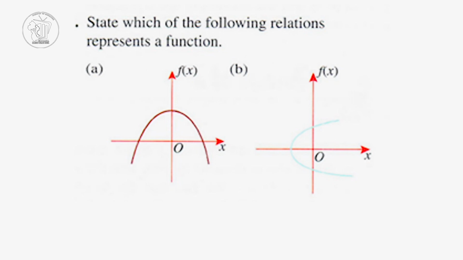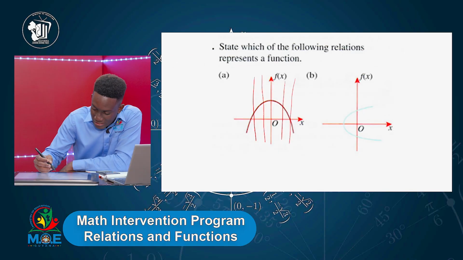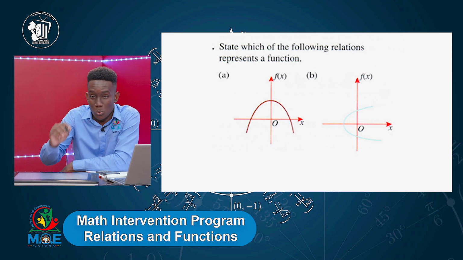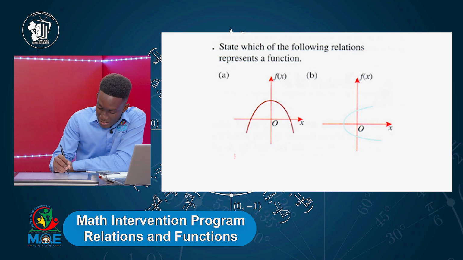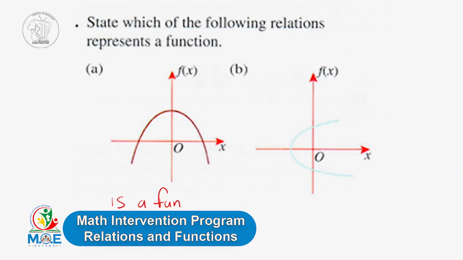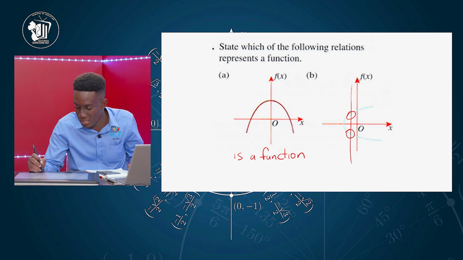So we have A and we have B. For A, if we do the vertical line test, we can see that the vertical lines will only pass through one and only one point on this graph. So for A, it is a function. And for B, if we do the vertical line test, we can see that it will pass through more than 1 point on the graph. So this one, B, is not a function.